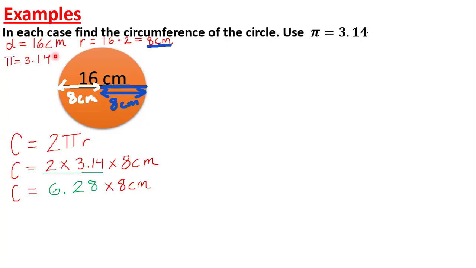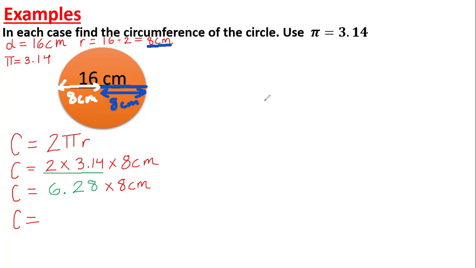The diameter is 16, the full length. We're finding the circumference. So C is going to be equal to 6.28 times 8. You got 50.24?